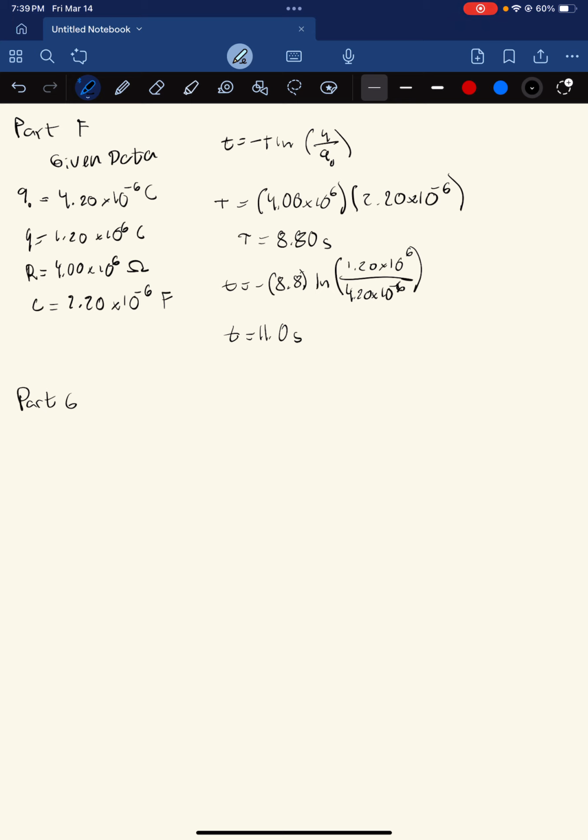We have the initial charge, the resistance, and the capacitance, it's the same information, and we only needed the time, which we now have. So the current equals the initial charge over the resistance, and we multiply that by e to the negative t over the time constant.